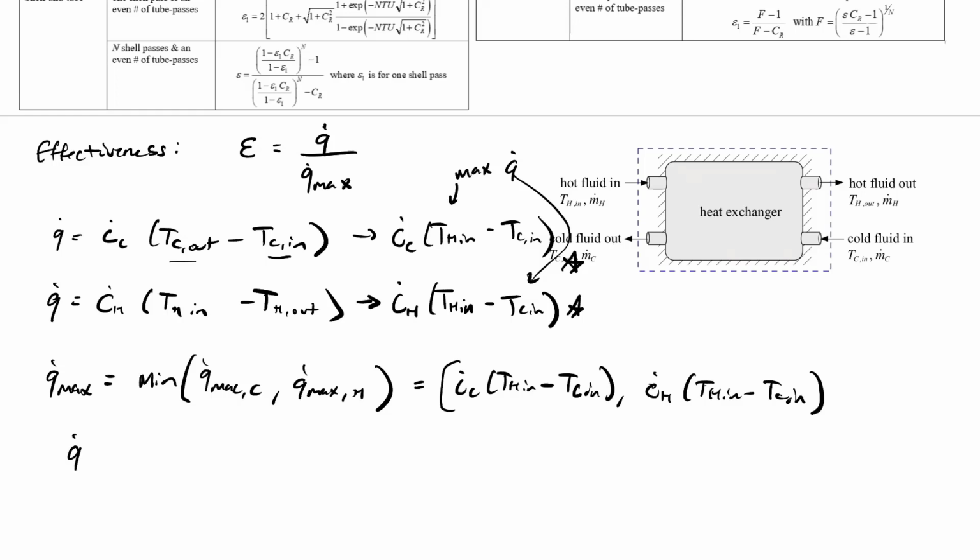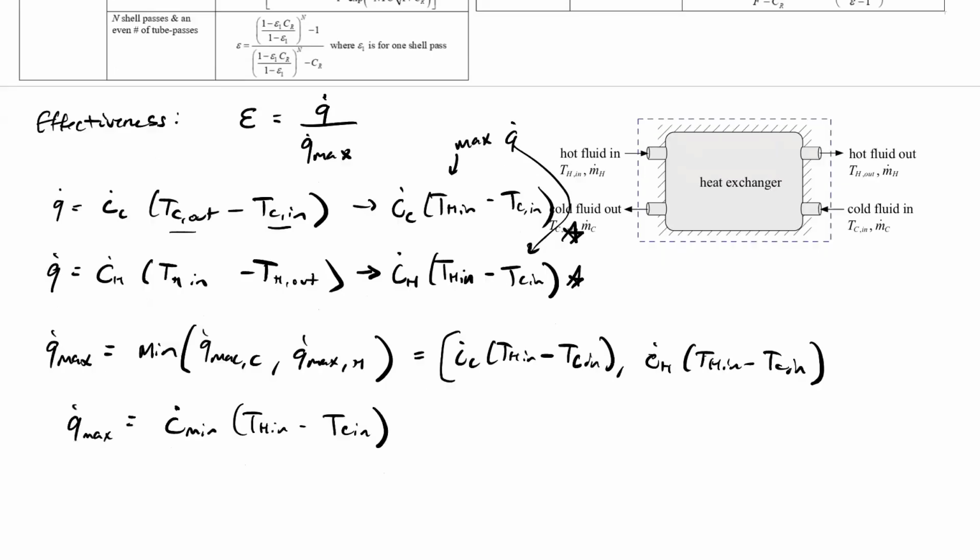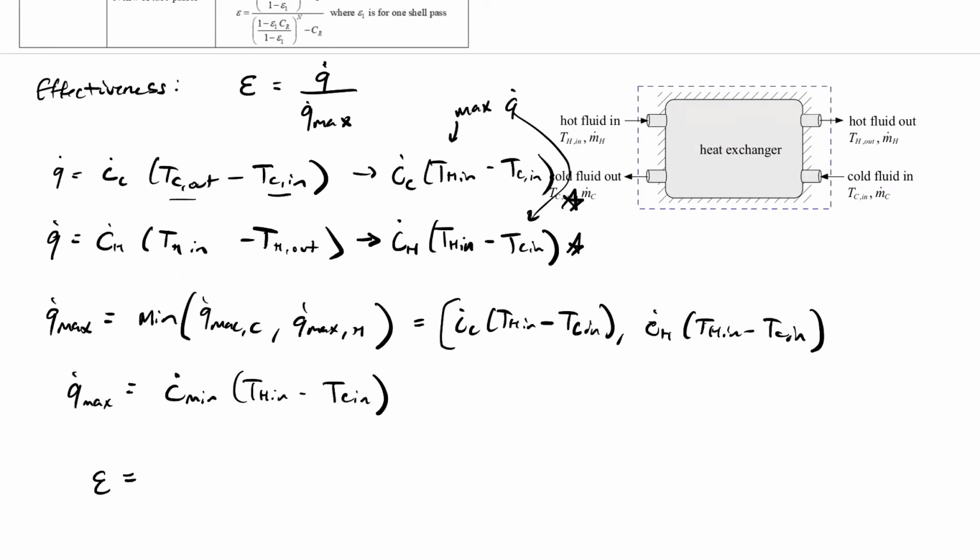For simplicity's sake we can write this as Q dot max equal to C dot min times TH in minus TC in. So my effectiveness then is just my actual Q dot divided by C dot min times TH in minus TC in. We now have our definition of effectiveness.